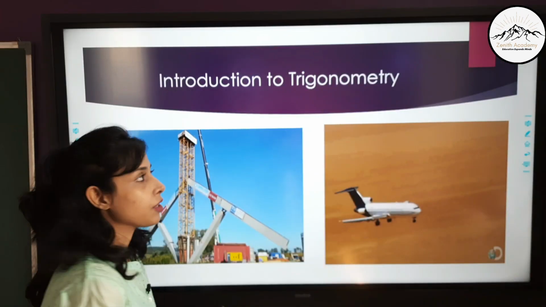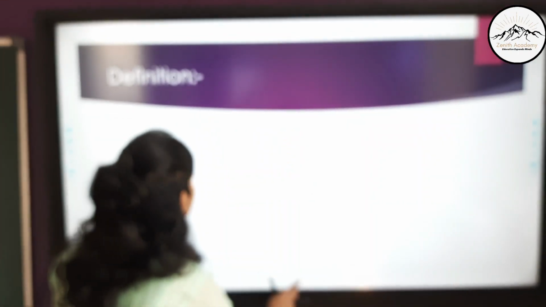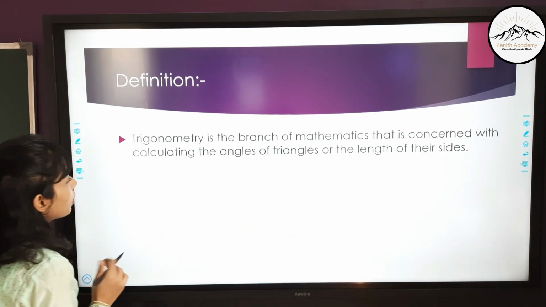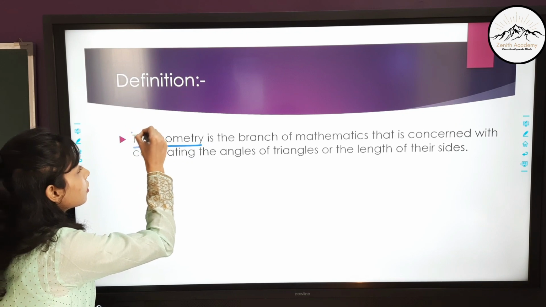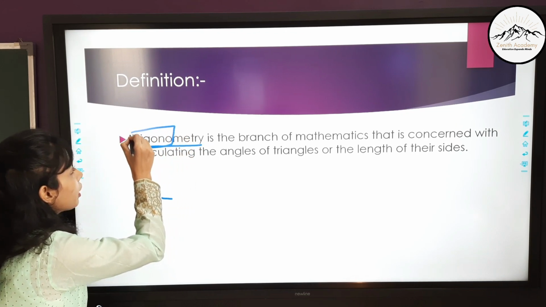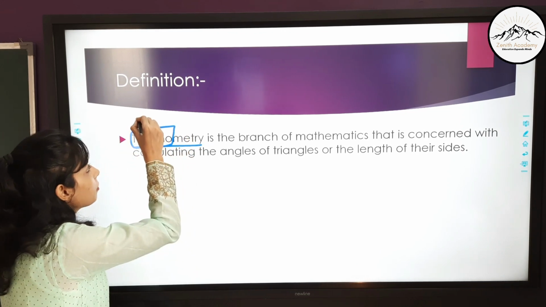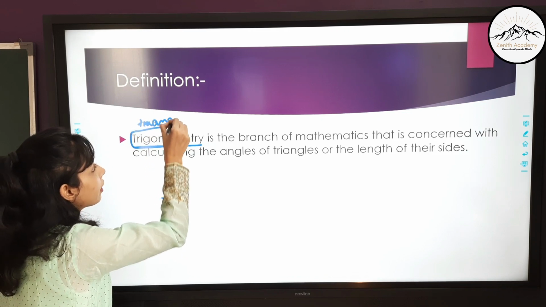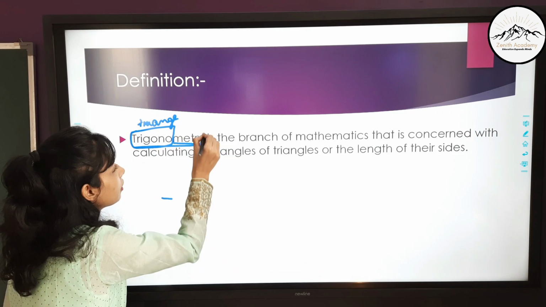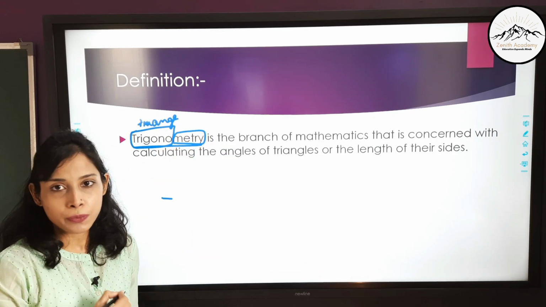So now, let us understand what is trigonometry. So, what does the definition say? If you clearly look at this word, trigonometry, trigono in Greek actually means triangle, and metry means the measure.